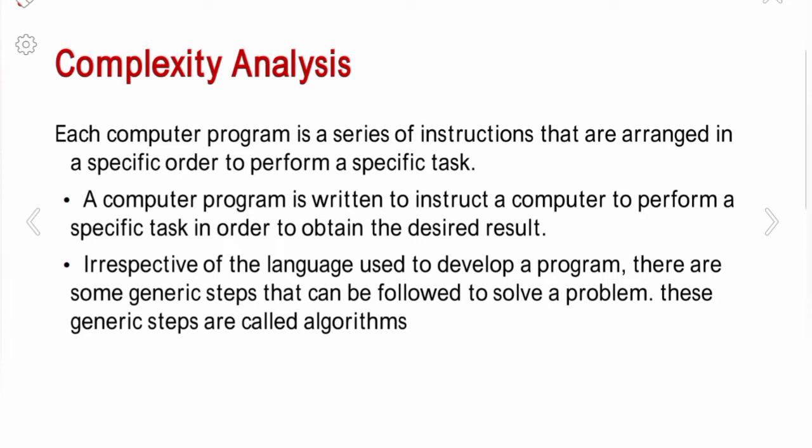If you know how to drive a bike, and if you are a licensed person, then you can drive any bike. So it may be Activa or any bike, right? So this is a perfect example. If you know driving, then you can drive any bike. Similarly here, you can consider driving the bike as the algorithm, and you can apply this algorithm for any programming language. That means you can drive any bike. So it may be of a different model or different companies. Okay.